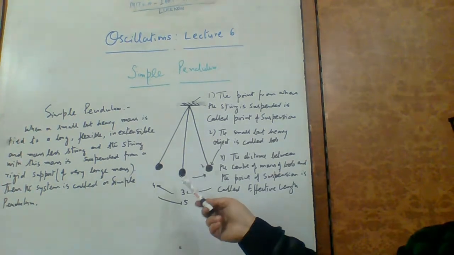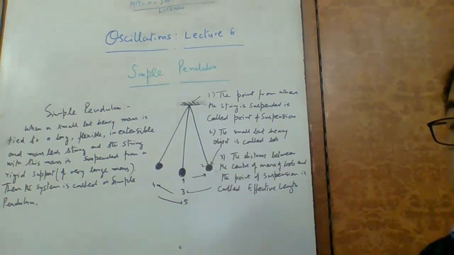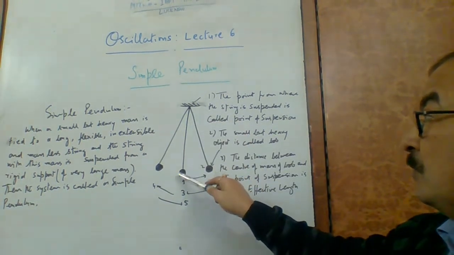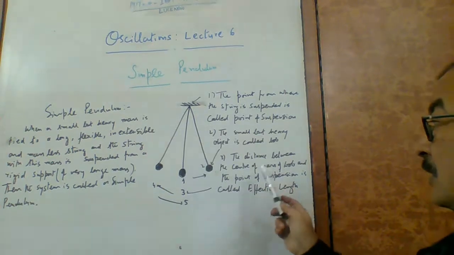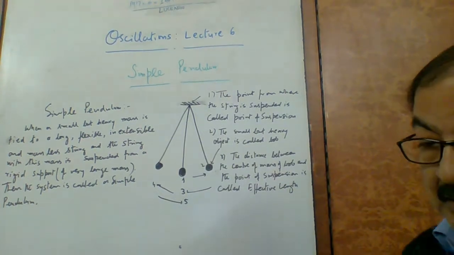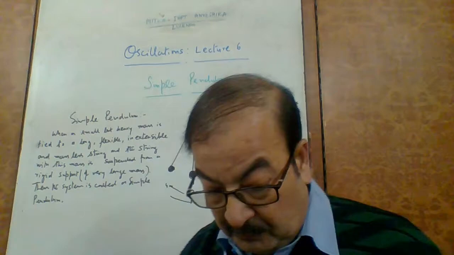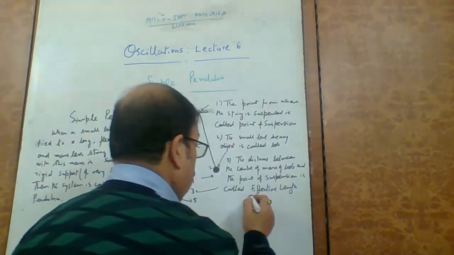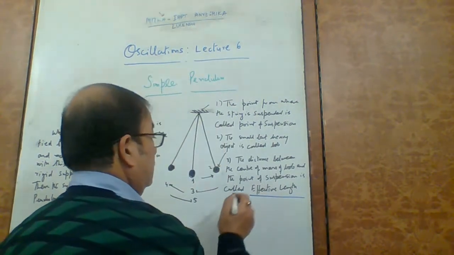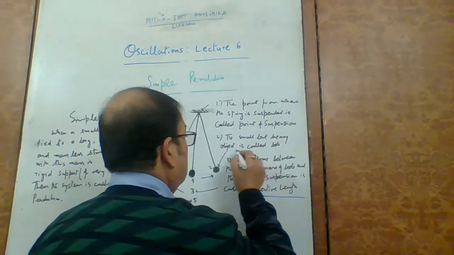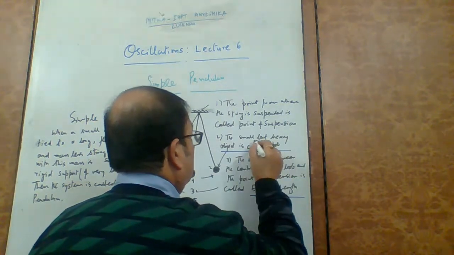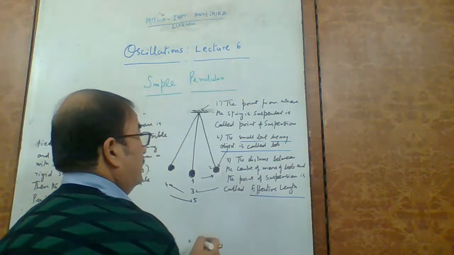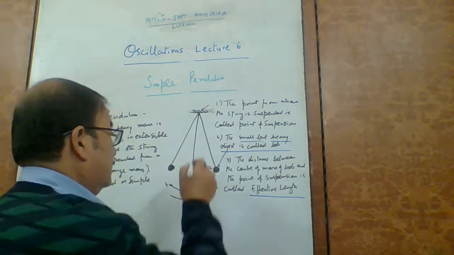The object which is tied to such a string is called the bob. And the distance between the center of mass of the bob and the point of suspension is called the effective length. These are the few points which you have to know. They are very important even for calculation. This is called the bob, and this is the effective length, and this is the point of suspension. This is denoted by L.